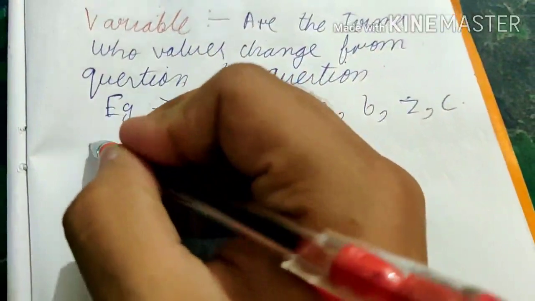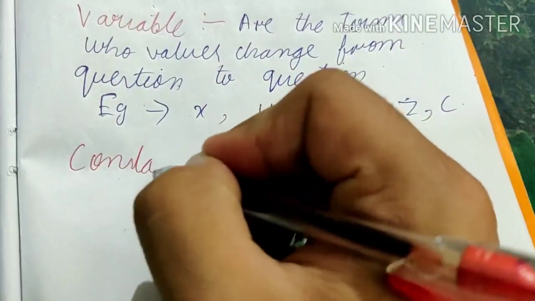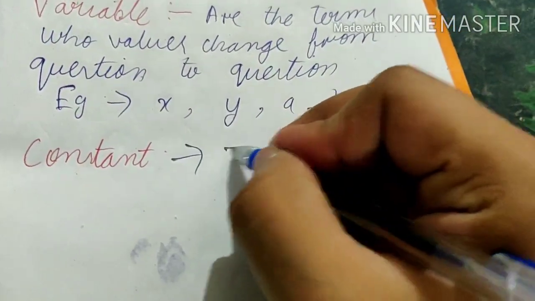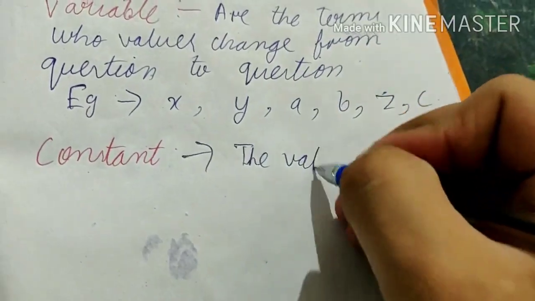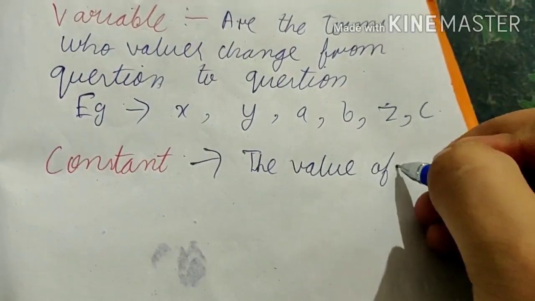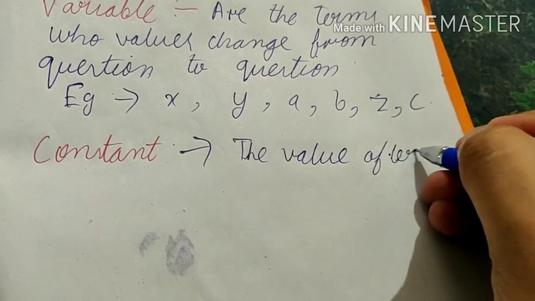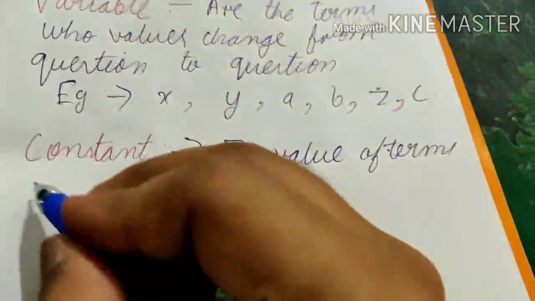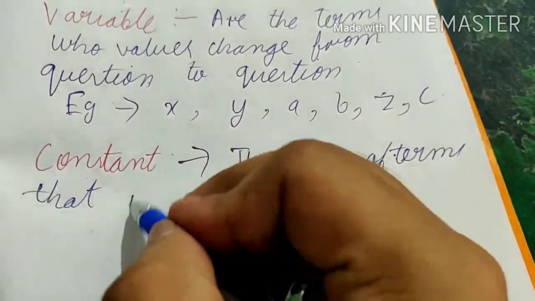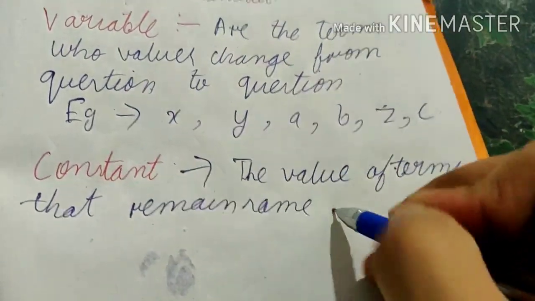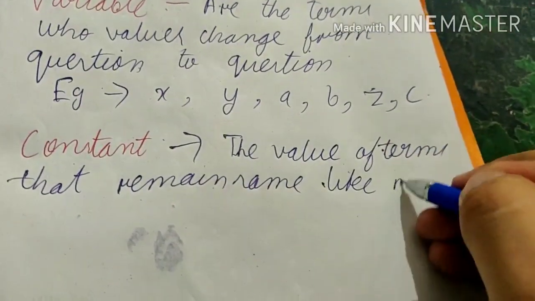Okay, so what is constant? The values of terms that remain the same. Like numbers.